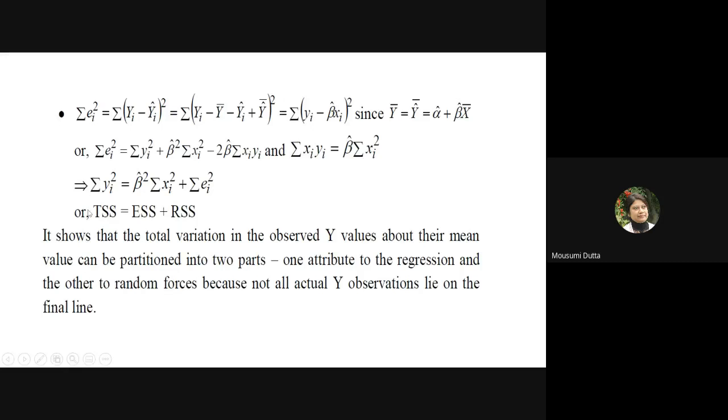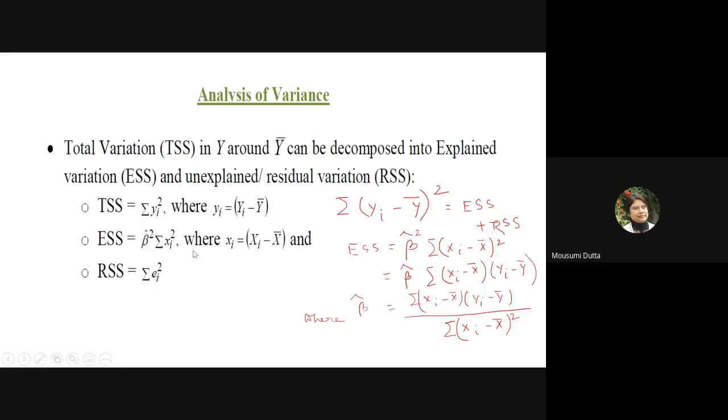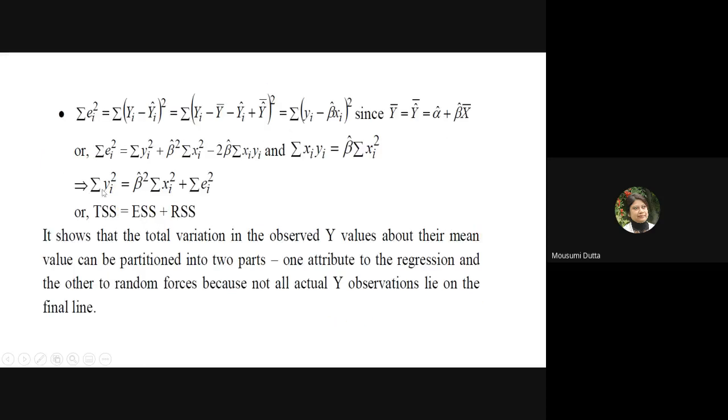I am saying that the total variation in yi, the total variation in the observed y values about their mean, is what I am considering on the left-hand side: summation capital yi minus y bar whole square, which we can summarize by small yi.